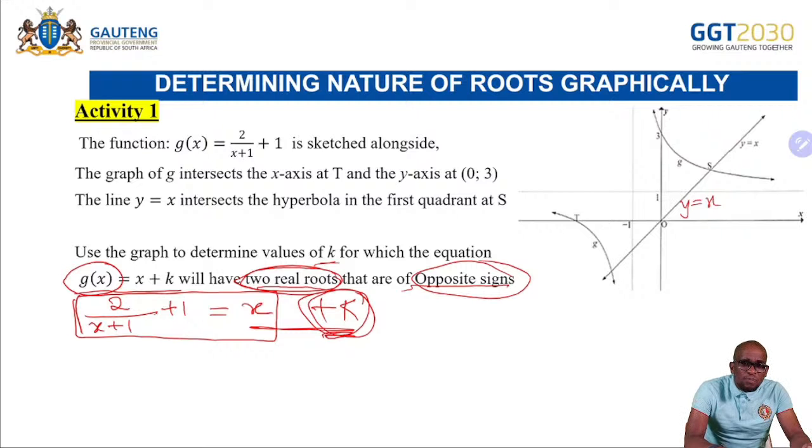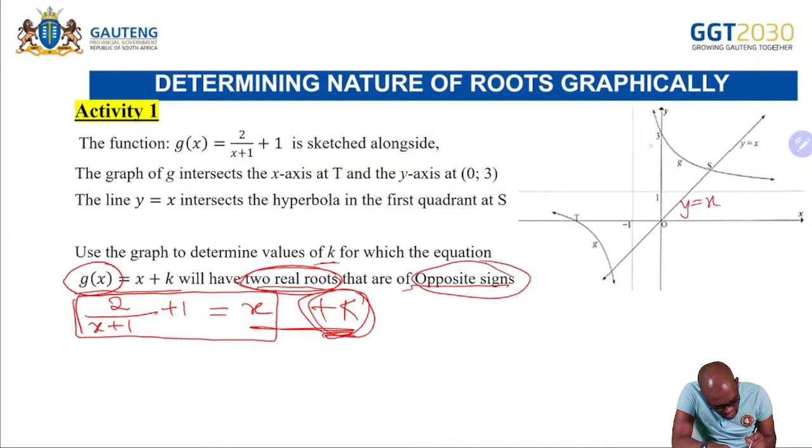I will rephrase that. What is the y-intercept of the straight line for the straight line to intersect the hyperbola on two different x values that have also different or opposite signs?